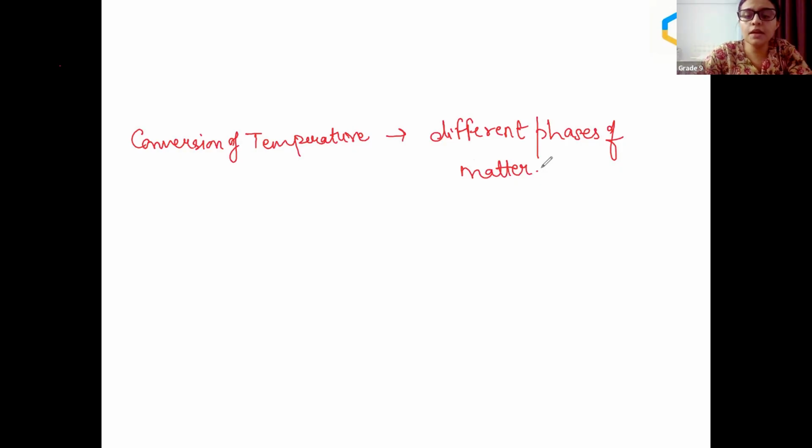So, can anyone tell me how many types of conversions are there? What are the different processes under which a particular matter goes through to show different phases? We have learned how many?